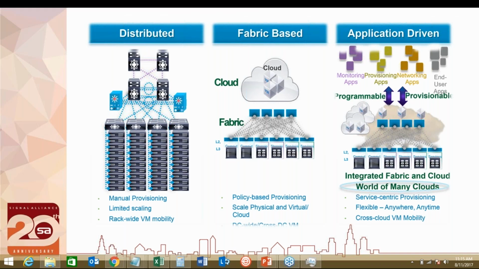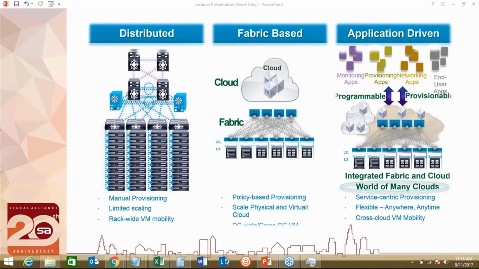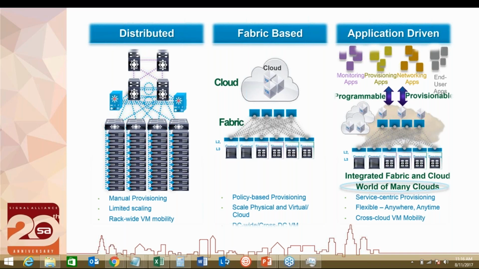Now, the application-driven architecture is where SDN plays a very large role. So you're consuming cloud-based services, you're consuming on-premise based services, you're consuming IoT-based services, and your architecture has to be agile, resilient, fault tolerant, and highly available.